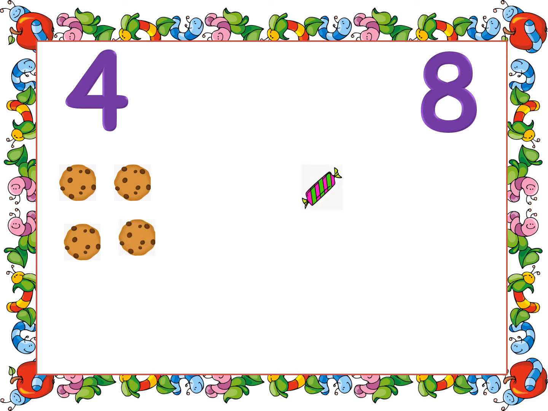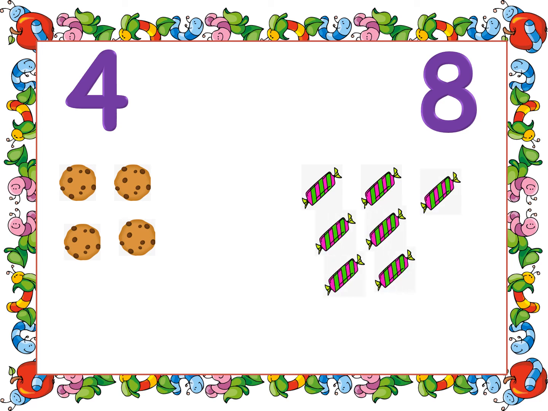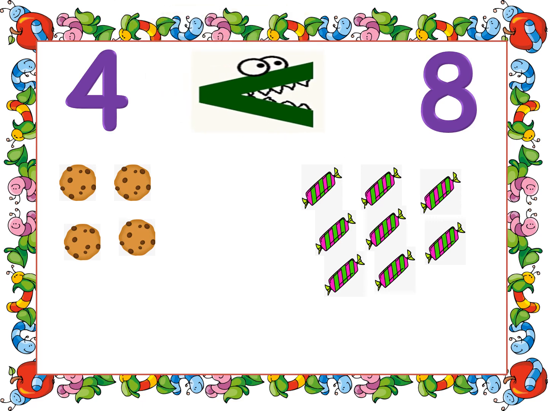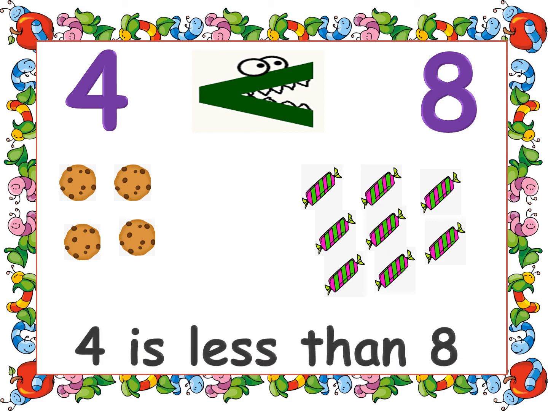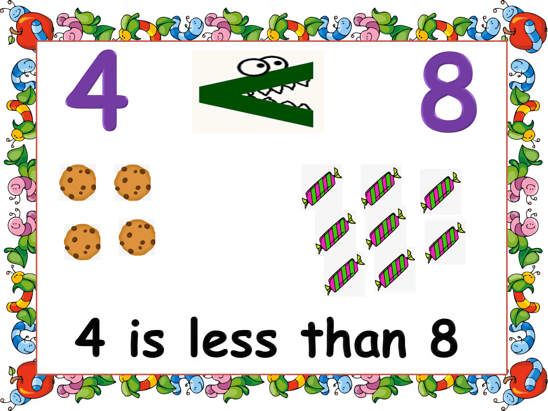And then 1, 2, 3, 4, 5, 6, 7, 8 candies. So which one will the alligator eat? Very good. The greater number, number 8. So we are going to read this as 4 is less than 8. Very good.